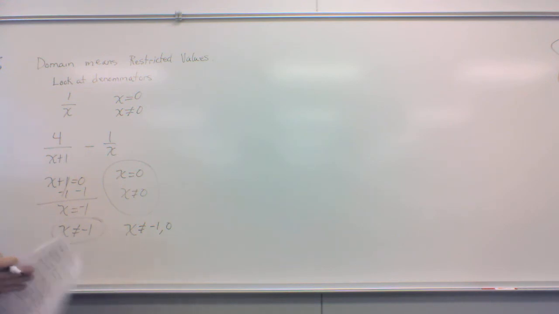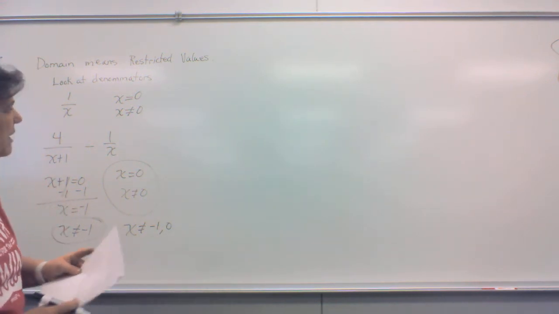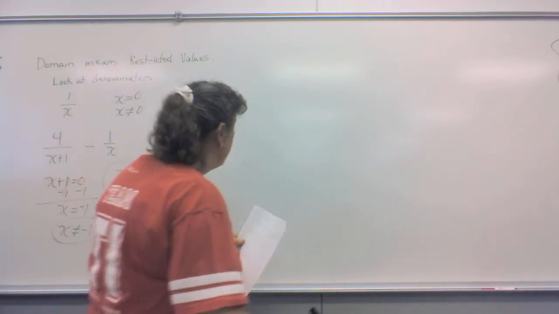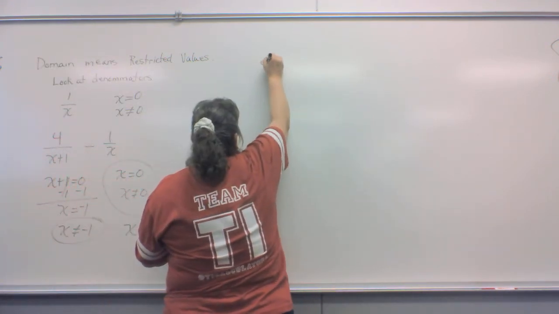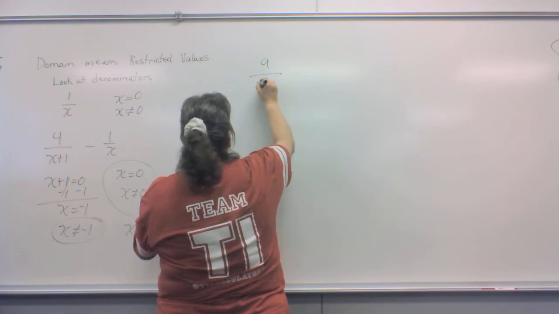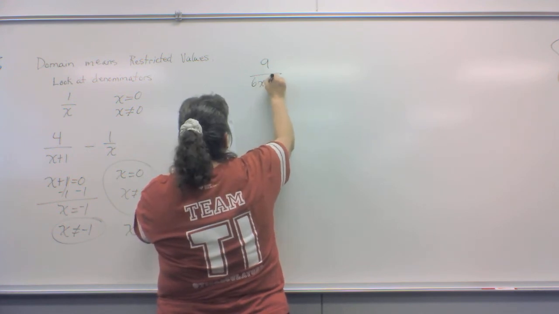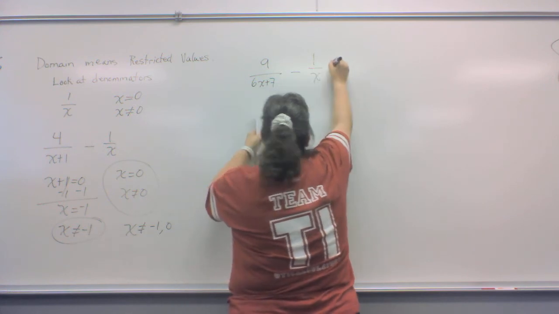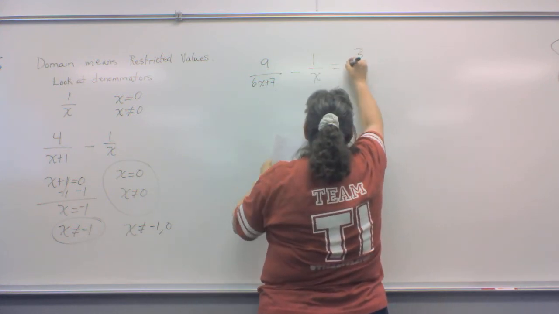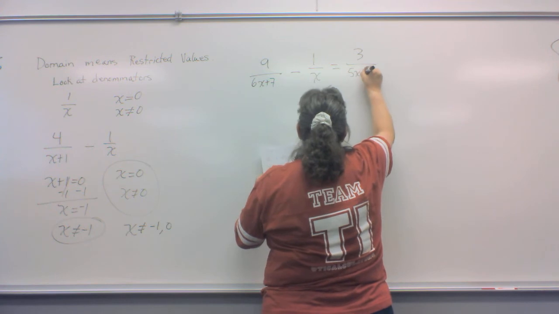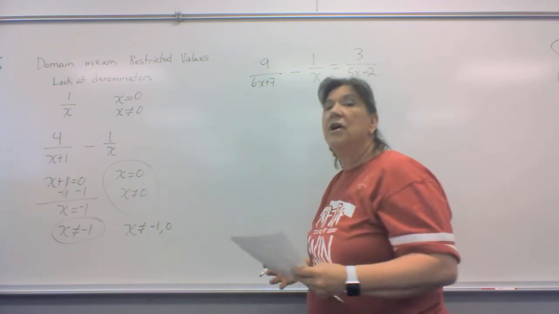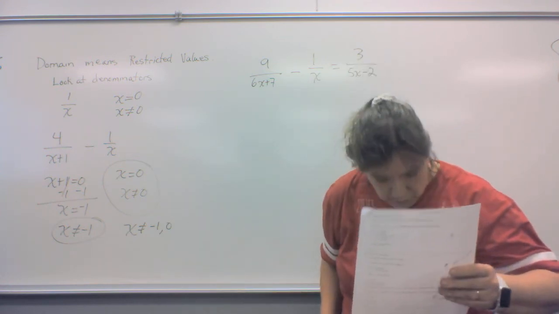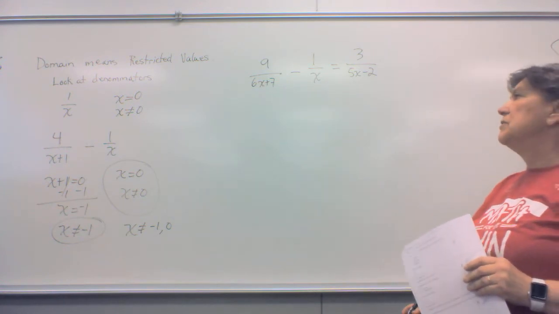So let's look at a little more complex one. 9 over 6x plus 7 minus 1 over x equals 3 over 5x minus 2. And you are not solving these, guys. You are only doing restricted values on these.